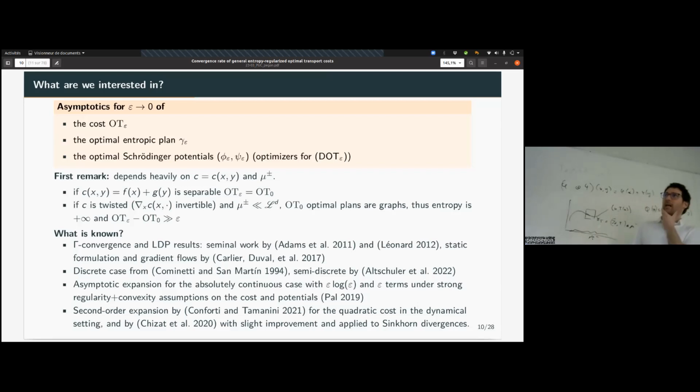The first remark is that among these three problems, I will only tackle the first one, which is the simplest, the value of the optimal cost, and not the minimizers themselves.